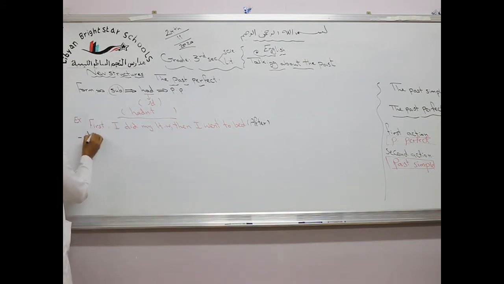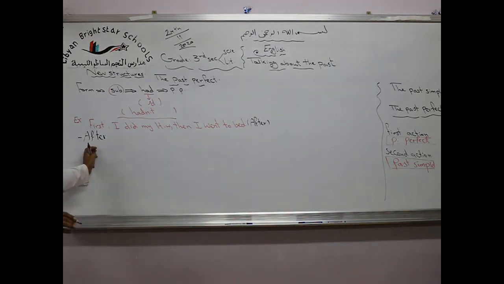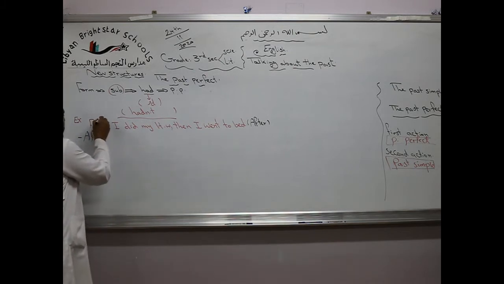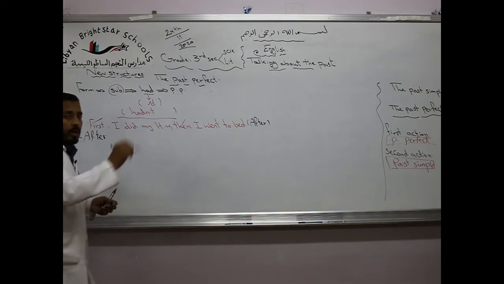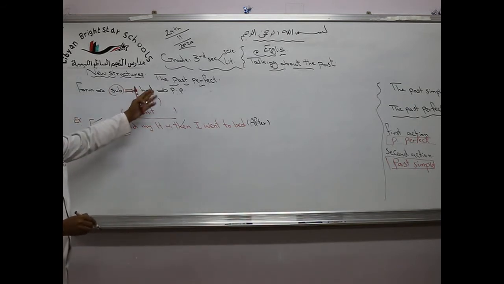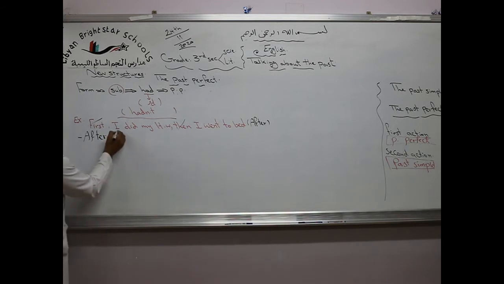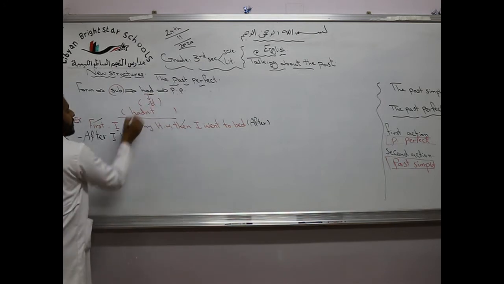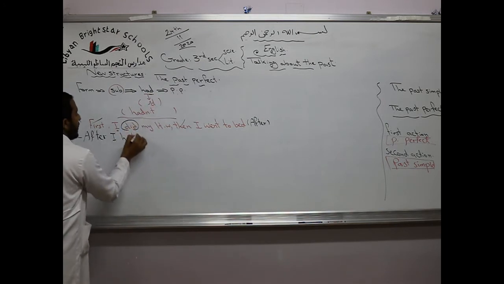So, after is a connecting word. When we use a connecting word, it's important to drop the other words, for example, first and then. After must be followed by past perfect. So, after I had, the past participle of the verb did is done.